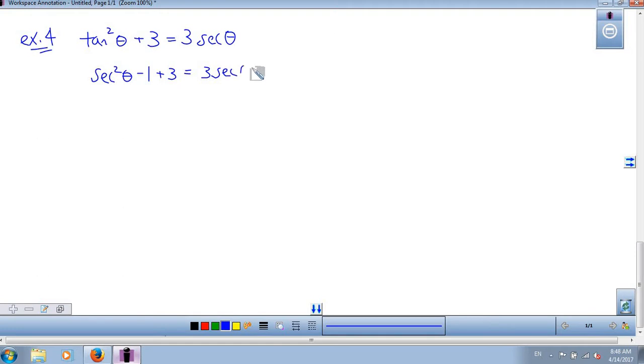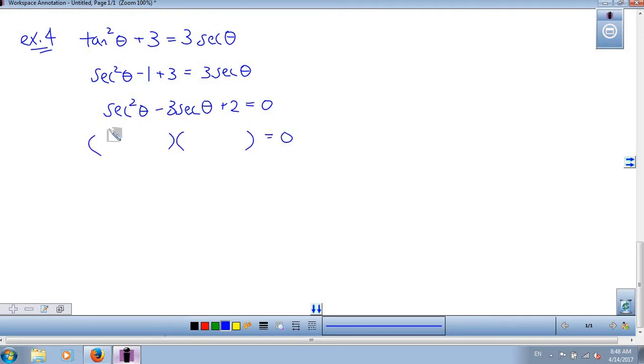Alright. So secant squared theta minus 1 plus 3 is equal to 3 secant theta. Okay. So let's combine everything. So secant squared theta. Let's bring everything over because I can see that this is a quadratic form again. So bring the 3 secant theta over to become negative, and then negative 1 plus 3 is positive 2. Now this time let's see if we can factor this.